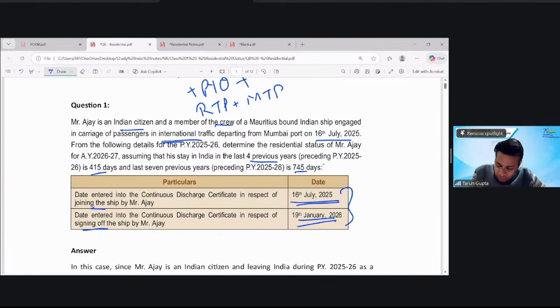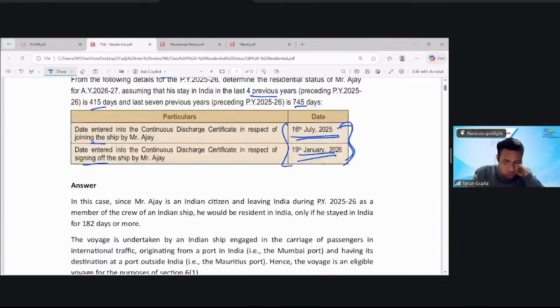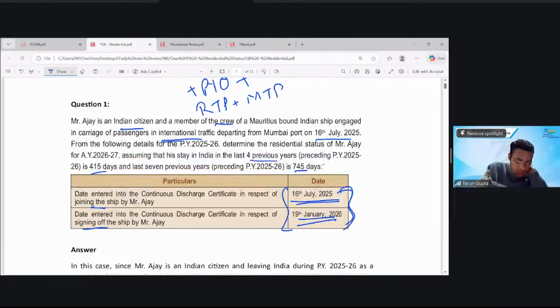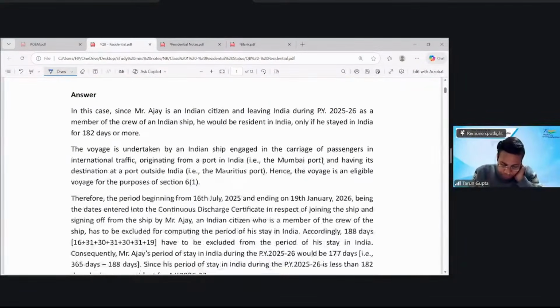So this period, 16 July 2025 to 19 January 2026, shall be deemed to be stayed outside India. Also the ship is in international traffic, so it's roaming in international traffic. It qualifies as an eligible voyage.